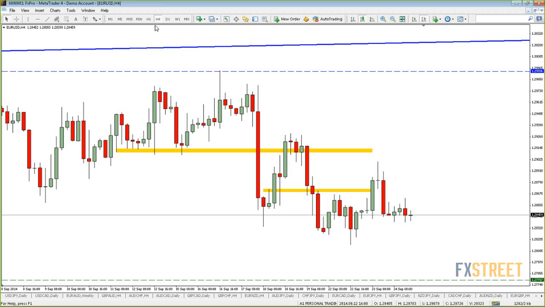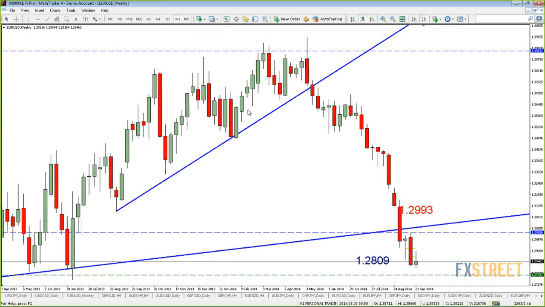Remember the euro, or sorry, remember the weekly candles make the wicks early in the week. So as I was saying yesterday, I believe I said when the market was all the way up here yesterday, I said, well, hopefully that's just the wick and then it'll fall again. Just like when we traded the pound yen last week, the wick was made earlier in the week, right? So it's the same thing. So the wick was made.